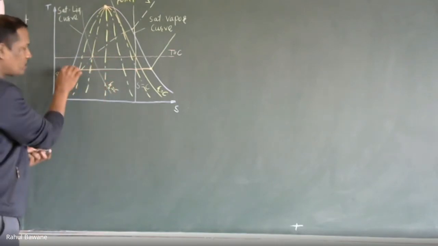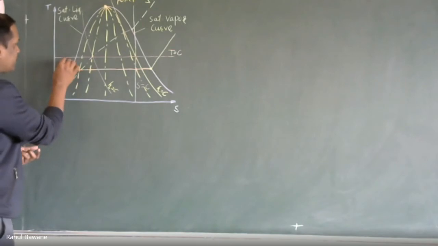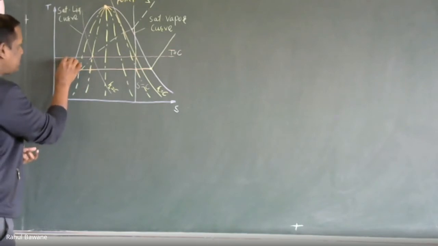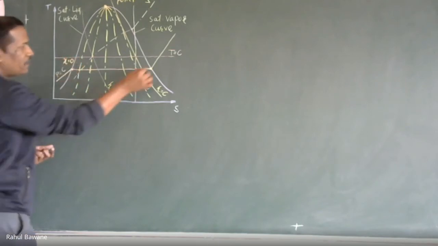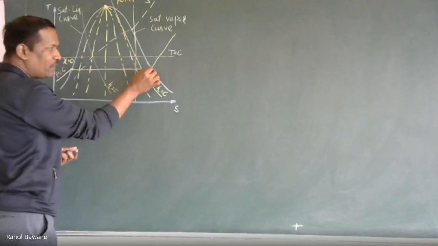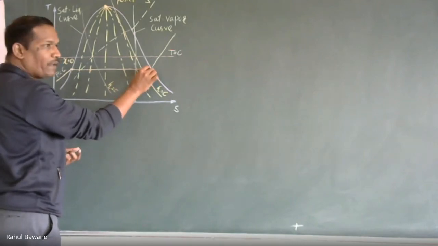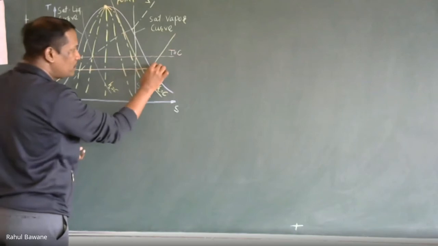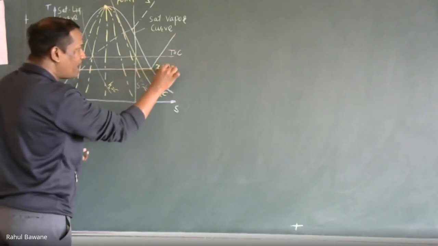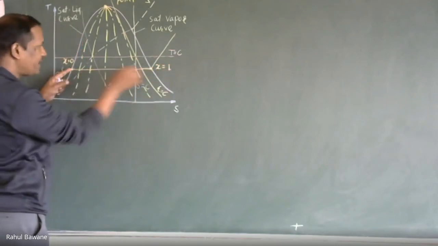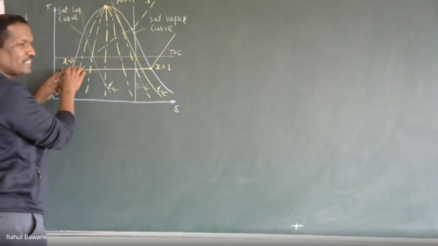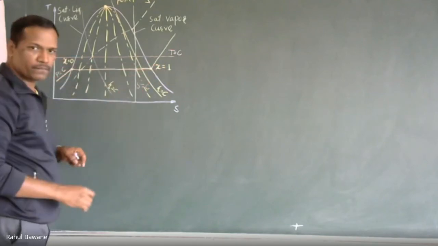Here there is no vapor, so the dryness fraction x is 0. Here the complete substance has converted into vapor, there is no liquid, so x is equal to 1. So your dryness fraction always lies between 0 and 1.